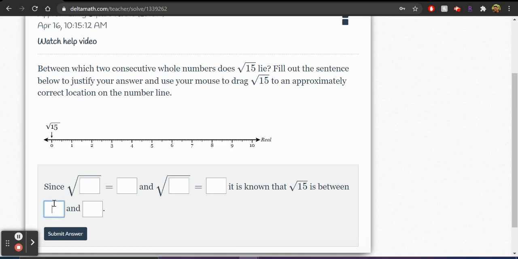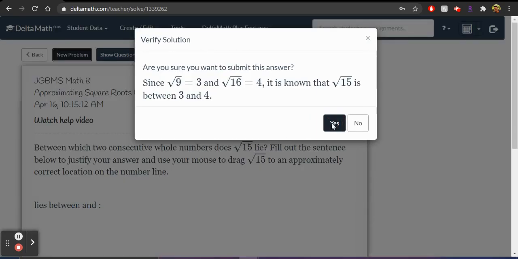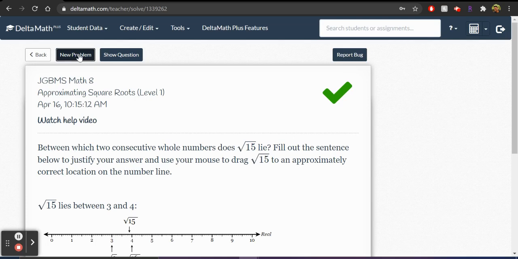So it's going to be between 3 and 4, because the square root of 9 is 3 and the square root of 16 is 4. And I'm going to drag it in between 3 and 4, a lot closer to 4. So that's where it's going to be on the number line. Submit it. Yes. Awesome. Next one.